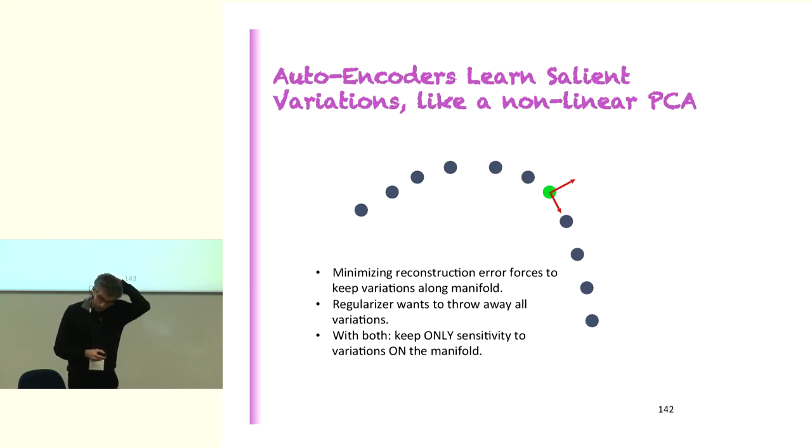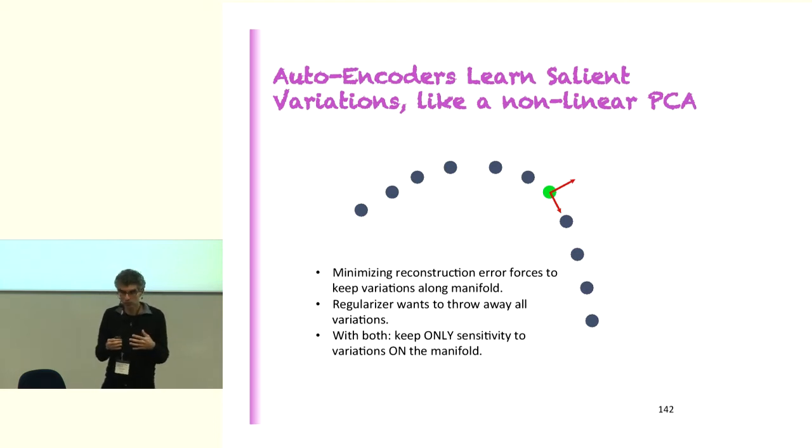And we're going to train an autoencoder so it's going to learn to encode into some representation in such a way that it can decode back into nearly the same place. At the same time, there's some kind of regularization, maybe due to this noise that we're adding, or other forms of regularization like sparsity, that makes the representation want to be essentially insensitive to the input, to not vary with the input.